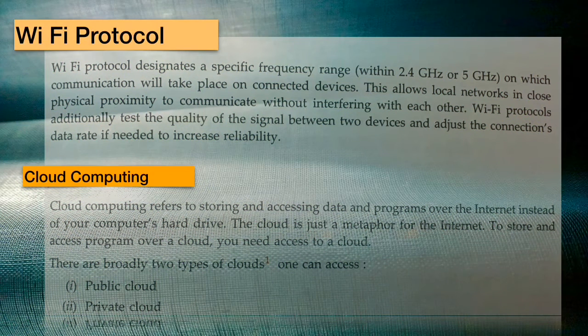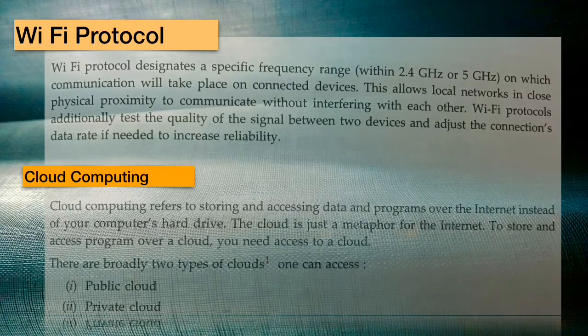Wi-Fi protocol. The Wi-Fi protocol designates a specific frequency range, 2.4 GHz or 5 GHz. A few of the newer technologies of the Wi-Fi can work on the 6 GHz band as well, on which the communication will take place on the connected devices.